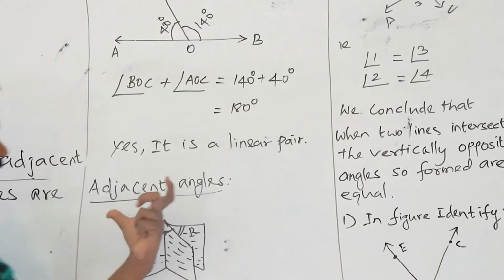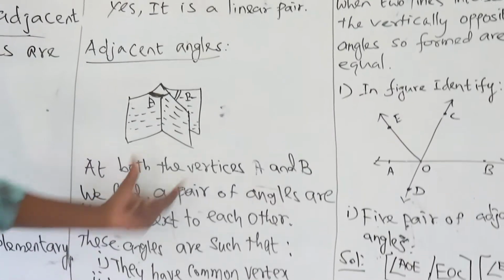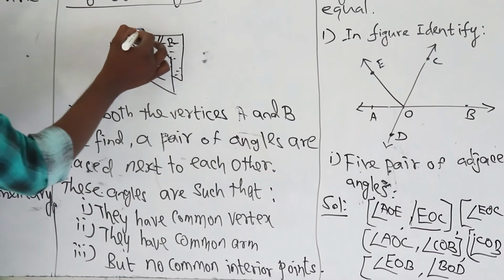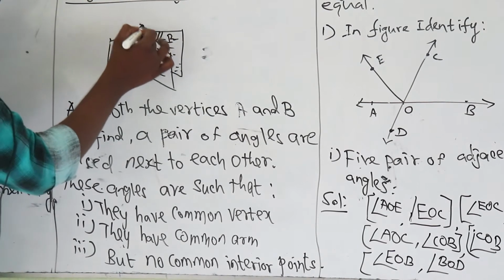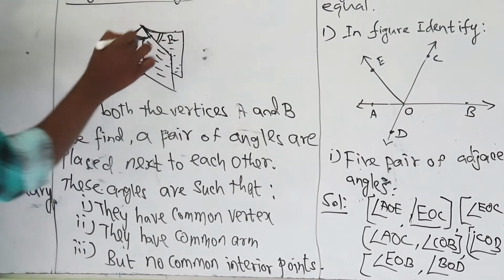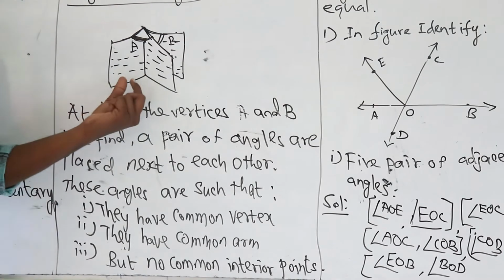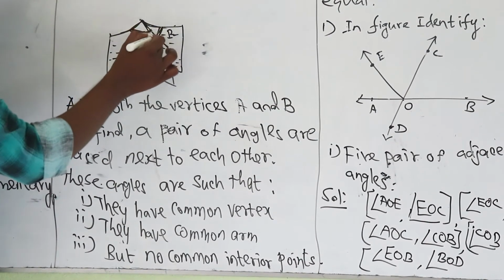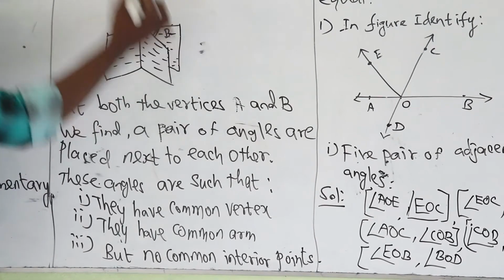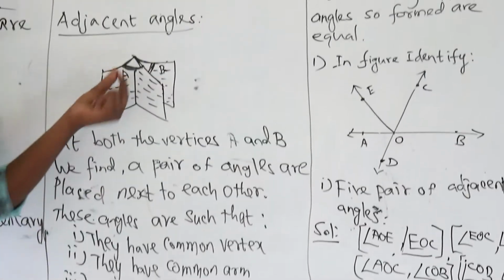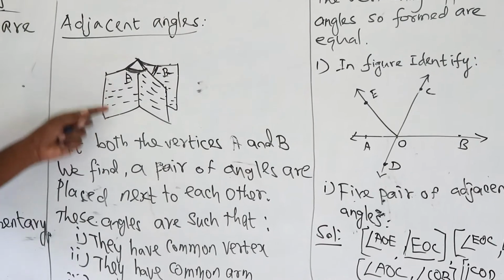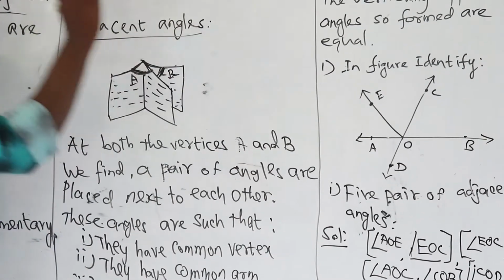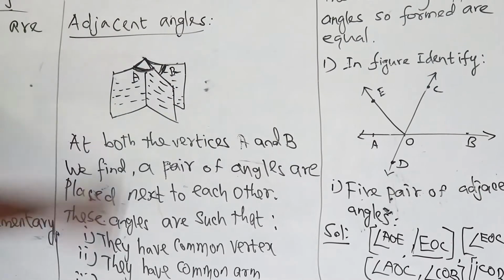Next, what are adjacent angles? Assume that this is a book. This is the vertex. At the vertex, this is angle A and this is angle B. A pair of adjacent angles are placed next to each other, nearby angles.